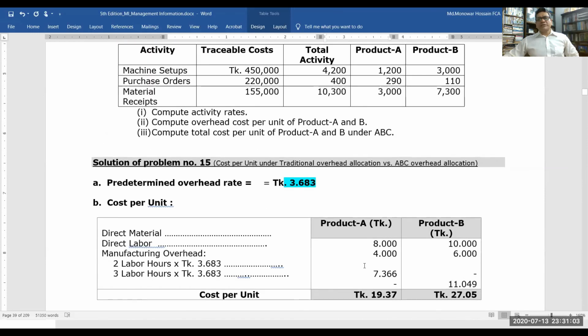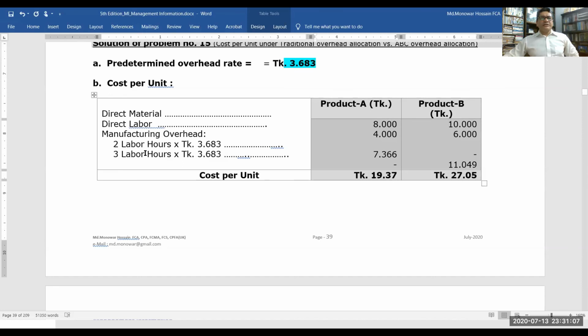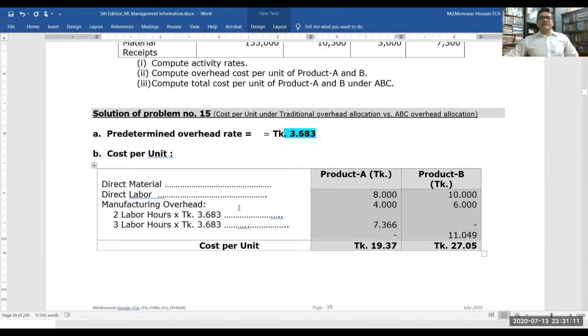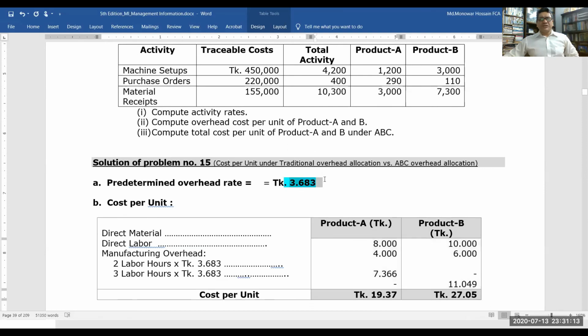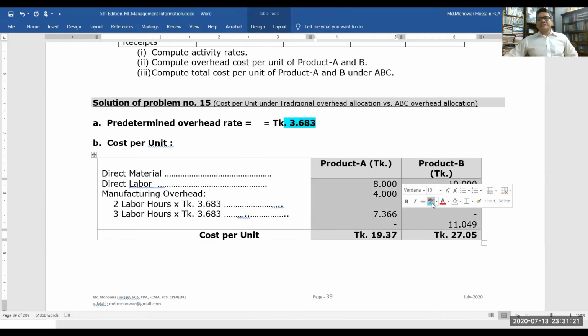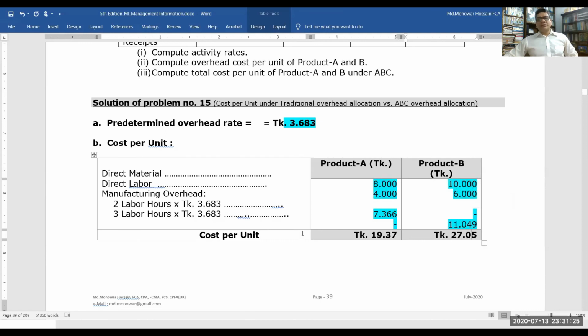And the manufacturing overhead is machine hours multiplied by 3.683 that we have received from here. So 3.683 multiplied by 2 hours for product A comes to 7.36, and B is 11 taka. So total cost per unit is 19.37 and 27.05.